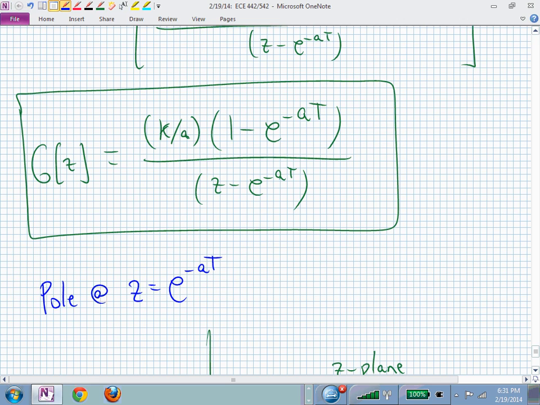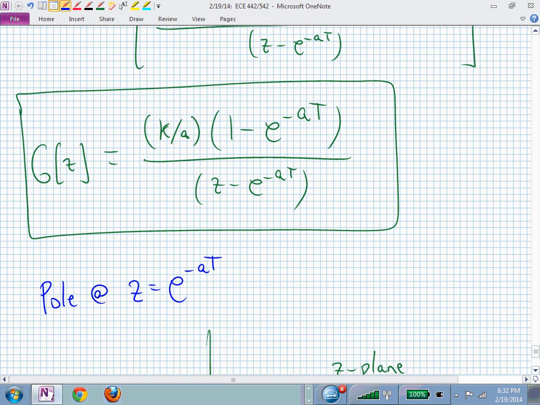If we look at this g of z and evaluate it at z equal to 1, what happens? The denominator becomes 1 minus e to the minus at, and that cancels that 1 minus e to the minus at in the numerator to give us a DC gain of K over A, just like our continuous time or analog system.